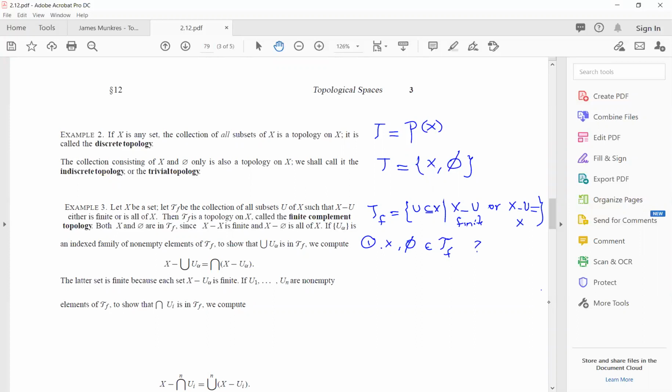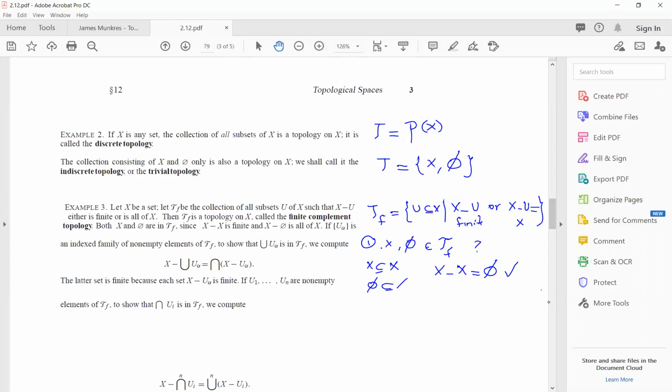Very well. X is a subset of X. Now, X minus X. You know that X minus X, or the complement of X in X, is empty set. So we know that empty set is a finite set. So this is met for X. So X belongs to tau sub F. Let us check empty set.